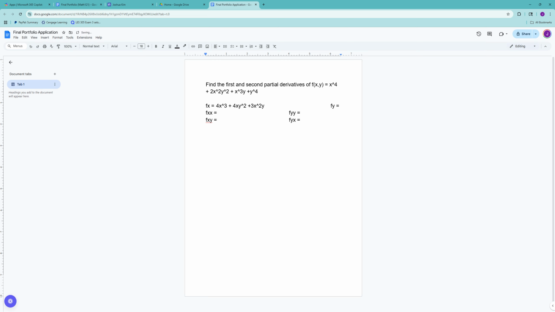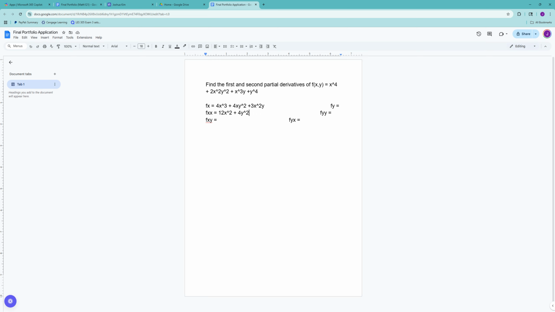To find f of x x, we would just do the derivative of x in f of x, which would be 12x squared plus 4y squared, and this is because the derivative of the x in 4xy squared right here would just be 1, and that would make it 4y squared.